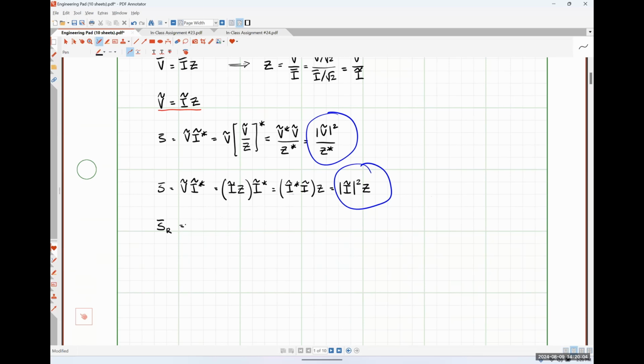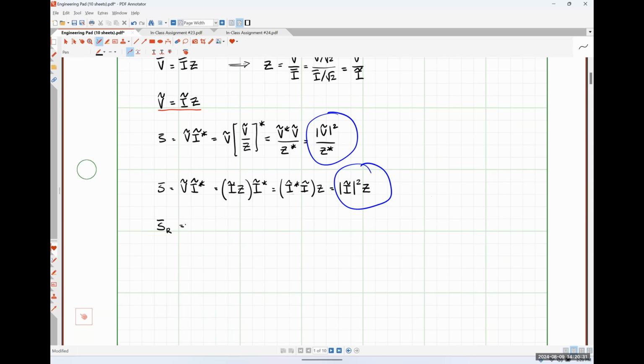So if we had just a resistor, what would the impedance of the resistor be? The resistance of the resistor. Exactly right. What would the conjugate of that impedance be? So what's the conjugate of R angle 0? R angle 0. Exactly right.